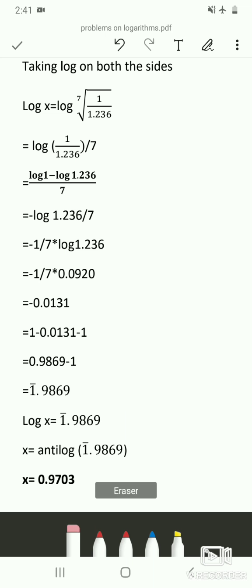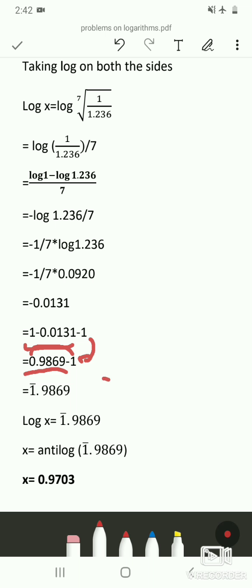So therefore 1 minus 0.0131 is 0.9869, and this minus 1 is as it is, and then subtracting from the characteristic and simplifying, you'll get the answer as bar 1.9869.